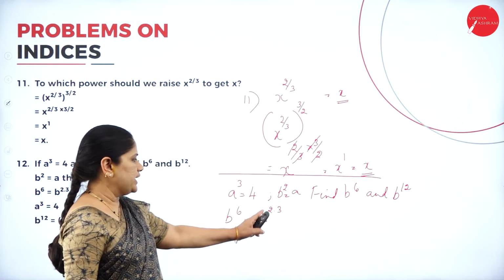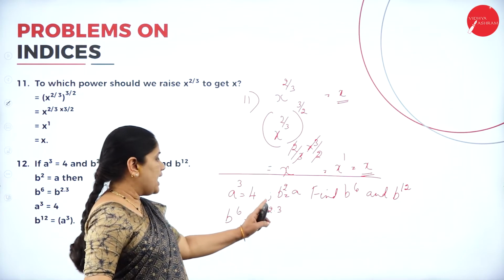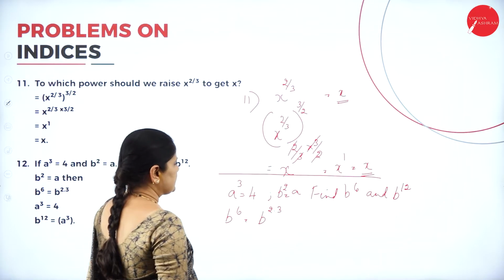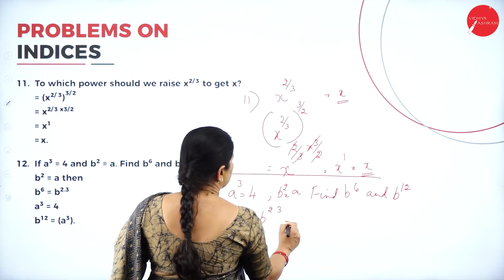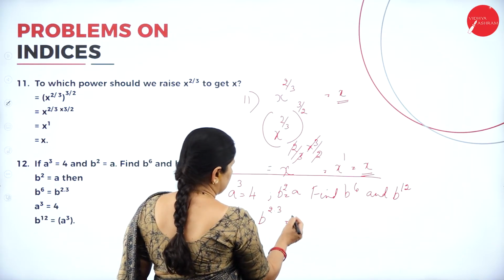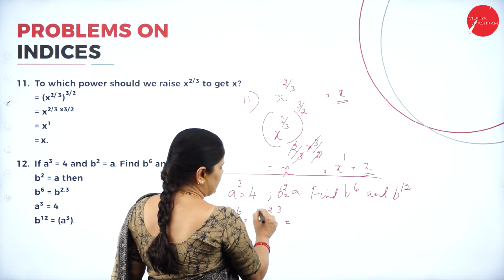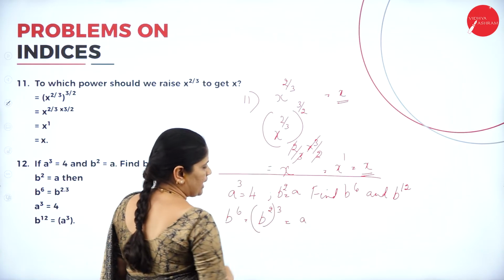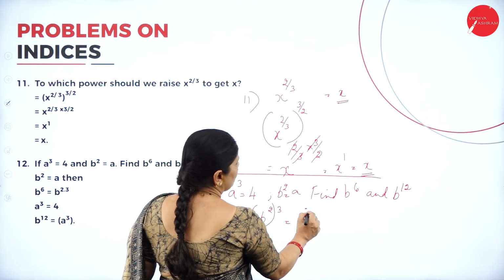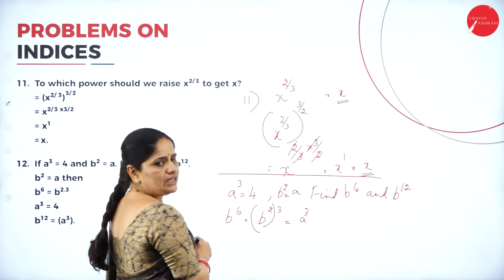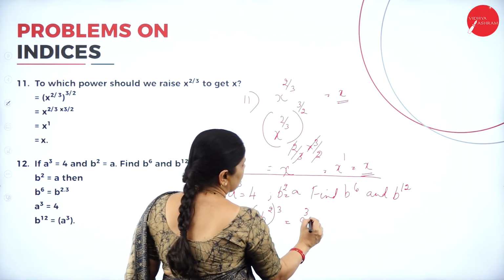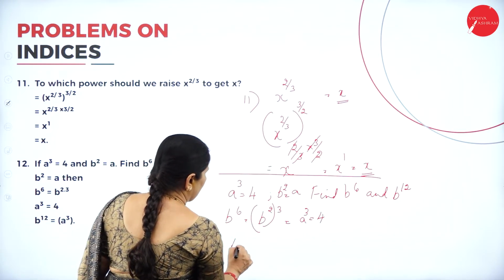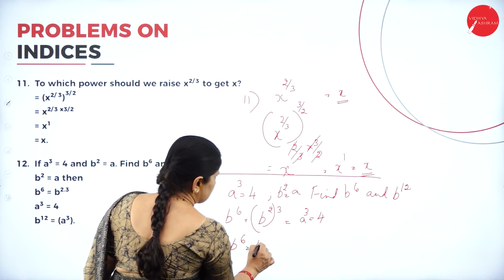Why am I writing 2 into 3? 2 into 3 is 6, and we also know the value of b square equals a. So, this will be equal to b square into 3. What is the value of b square given? The value of b square is given as a. So, instead of writing b square, I will write a, then whole cube. Now, we know the value of a cube. What is the value of a cube? a cube equals 4. So, the value of b to the power of 6 is 4.